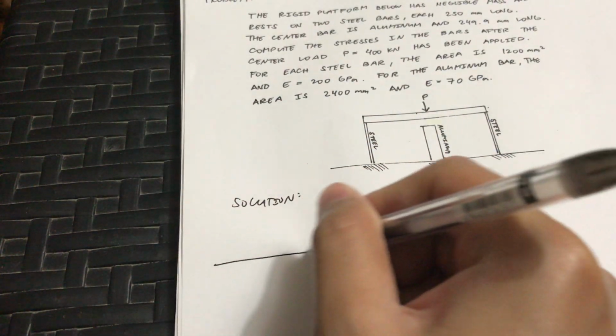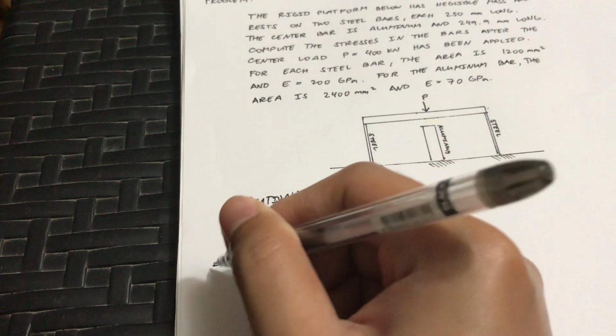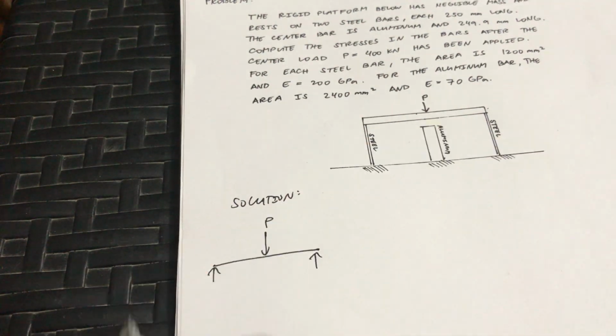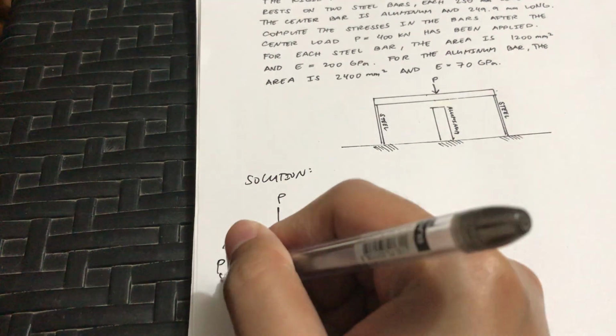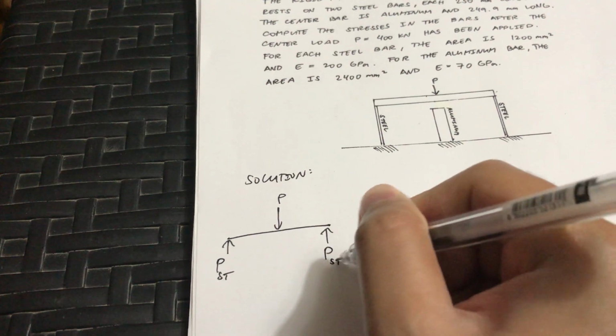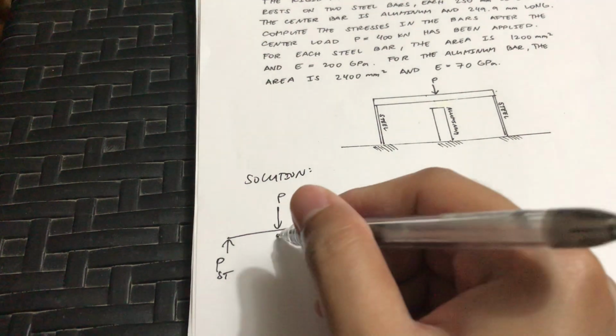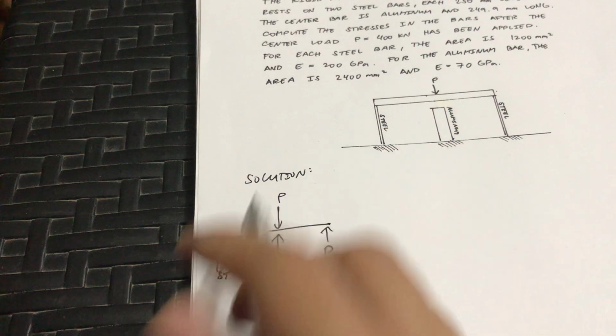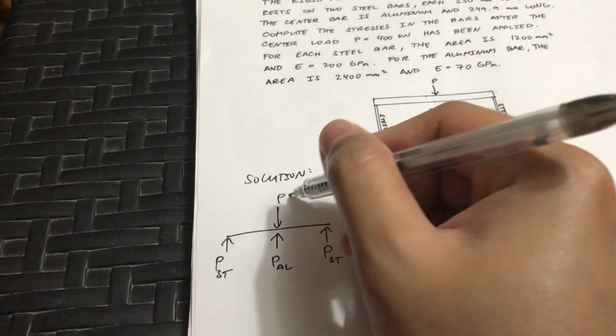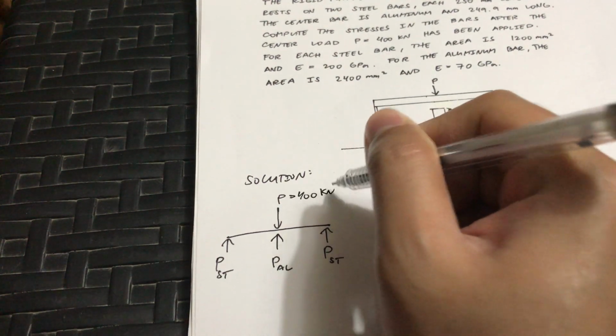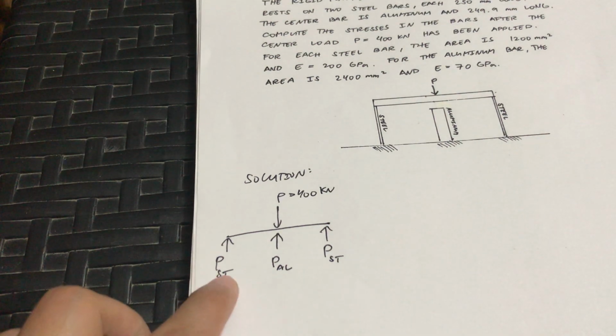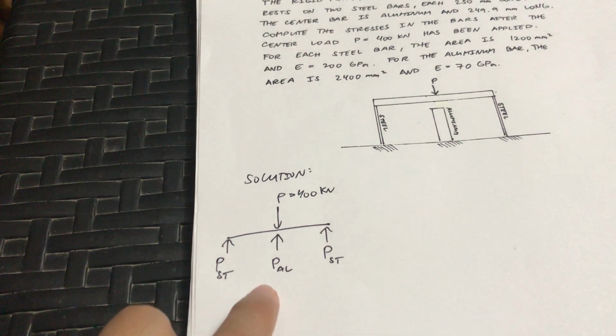So what happens is, if this is the platform, we have P. Of course, the steel will resist as well as the aluminum. So we have the load P equal to 400 kN, while we also have the P of the steel and the aluminum.